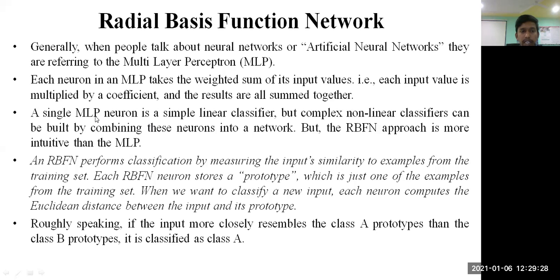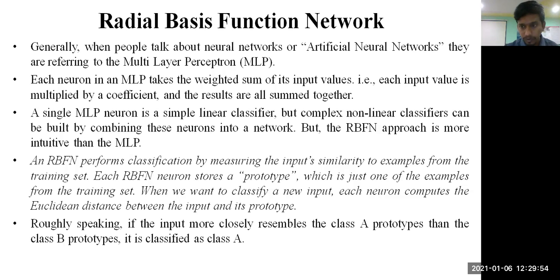A single MLP neuron is a simple linear classifier, but complex non-linear classifiers can be built by combining these neurons into a network. So a multi-layer perceptron as a single unit might be a simple classifier, but whenever you combine many multi-layer perceptrons, it might lead to a complex network.